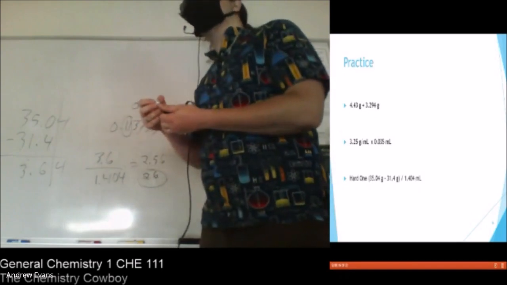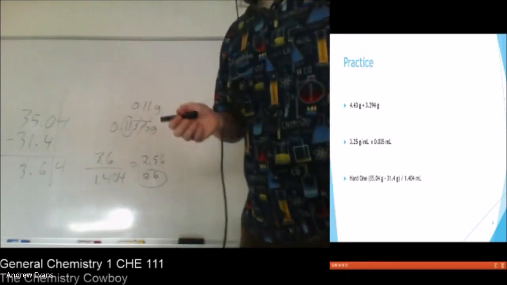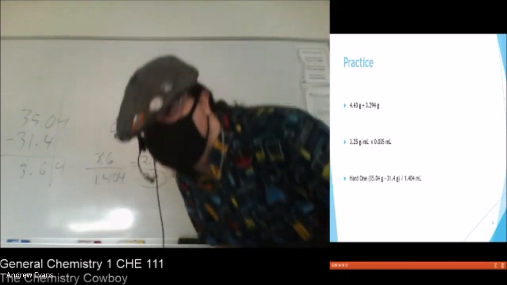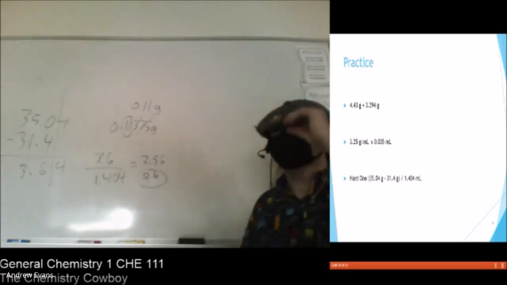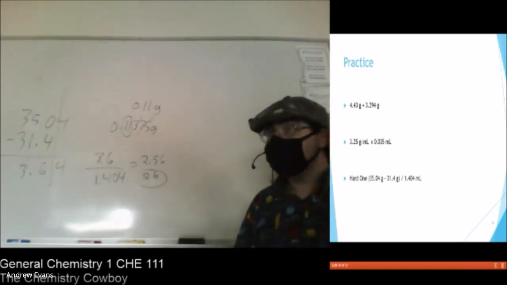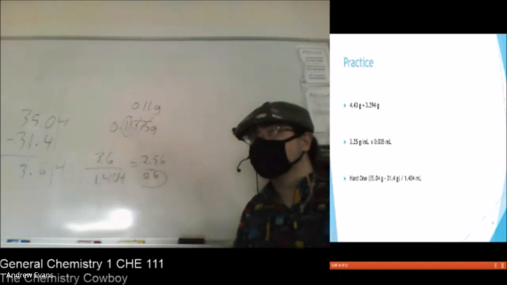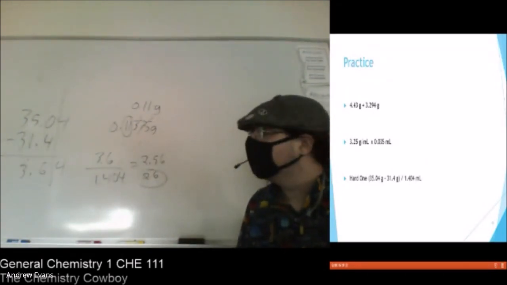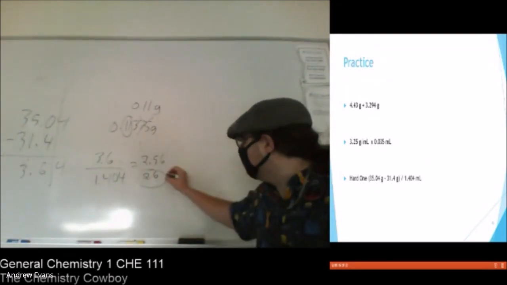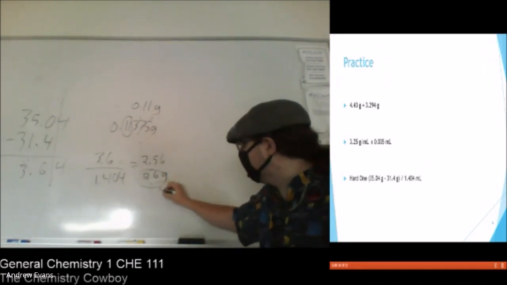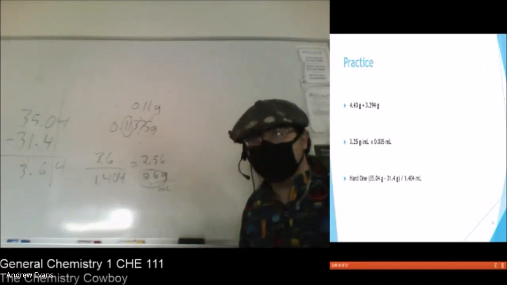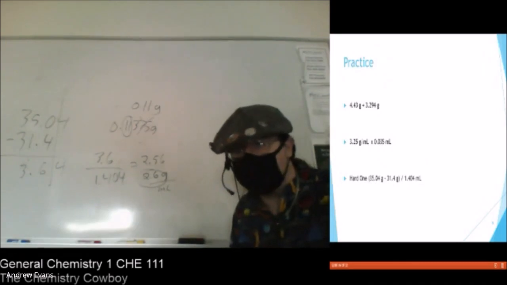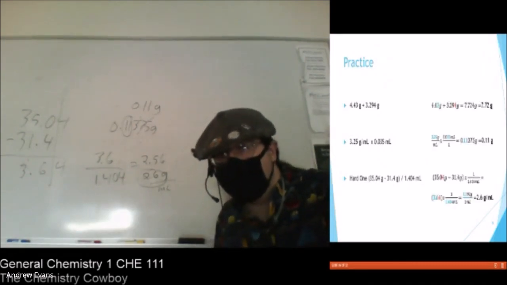So your answer is, with some reliability, 2.6. If I'd gone 2.5, that still would have been acceptable. You would have the units of grams per milliliter. And we'll talk about that in just a second because that's our next topic: dimensional analysis.